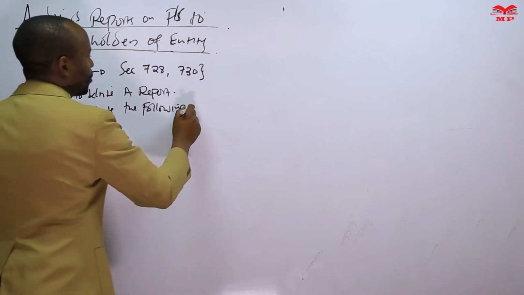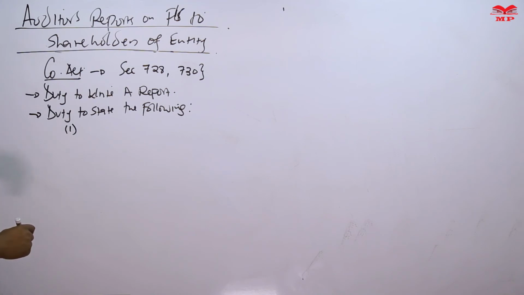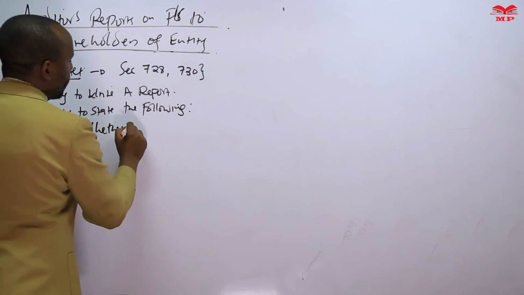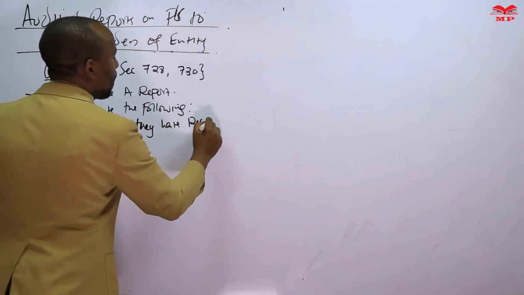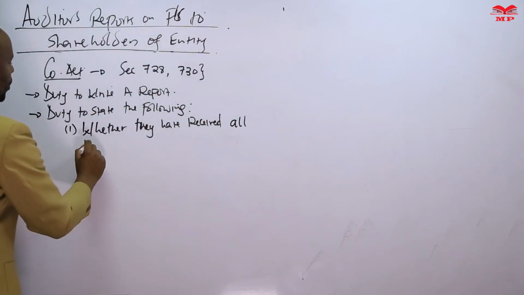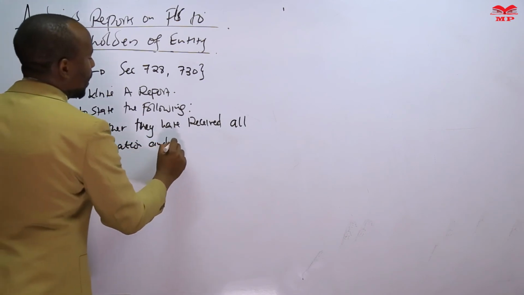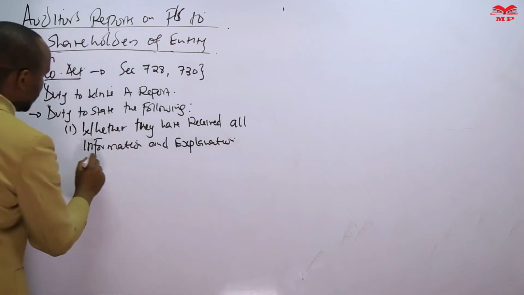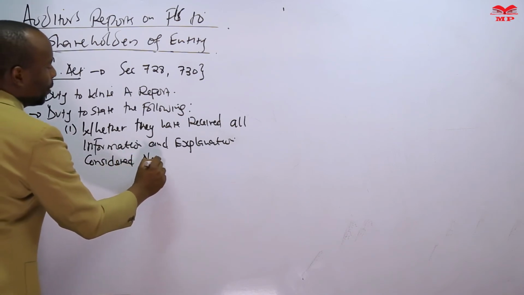Those matters that the auditor is supposed to report, one of them is, Roman 1, whether they have received all information and explanations considered necessary in forming an opinion.